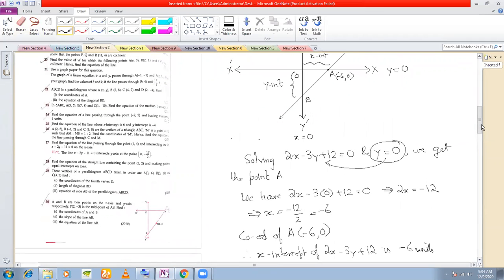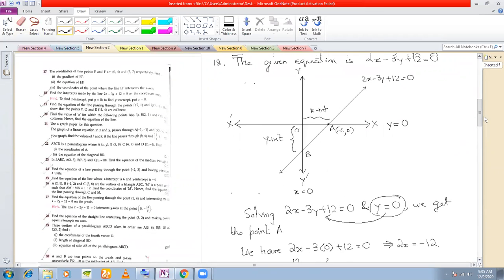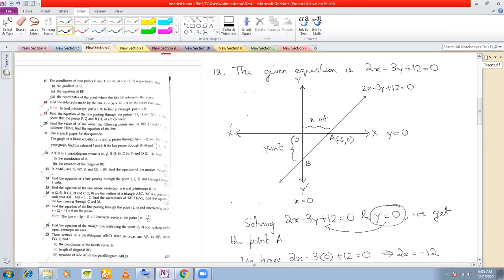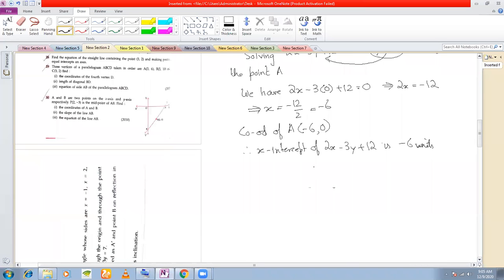So this line is actually not here; it should look something like this. I just drew a rough line. This line should look like this, so that you have minus 6, 0 here. So the x-intercept is minus 6 units.